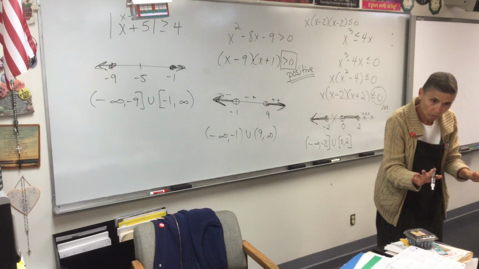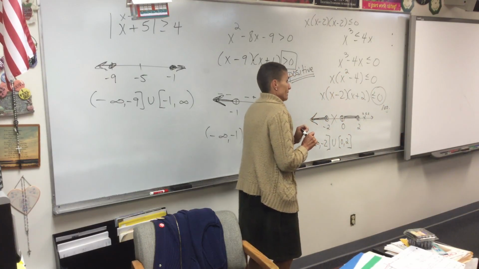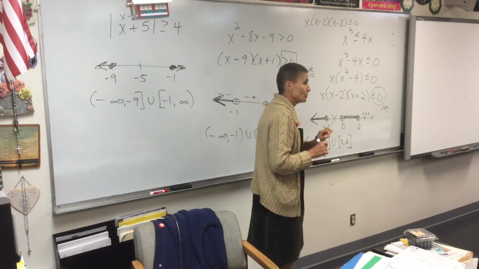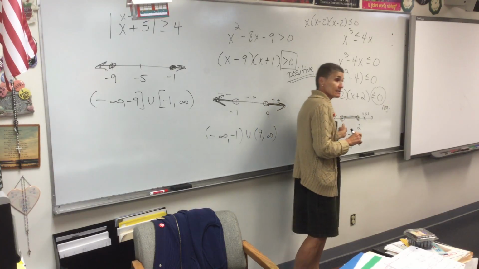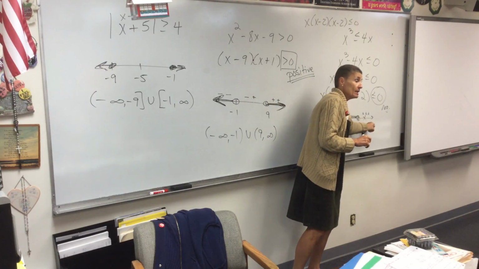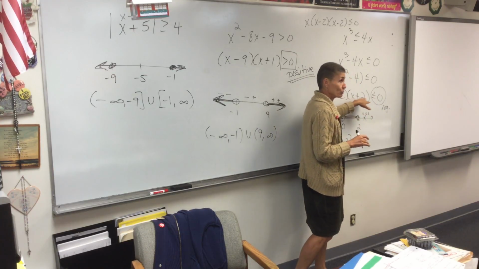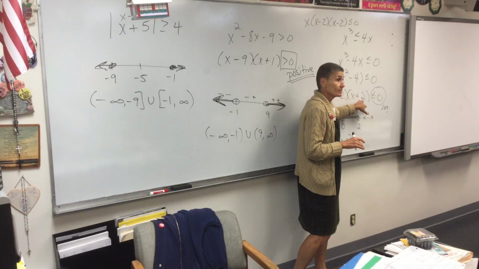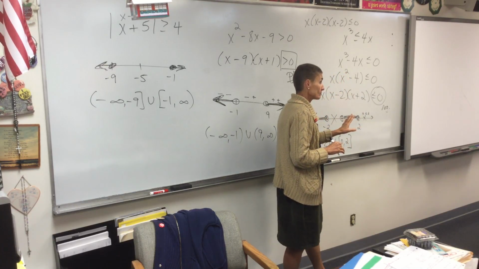That is unusual. If it's an unusual problem, you have to do what we have been doing, and that is check every single space. If it's not an unusual problem, if all of the factors are different, nothing weird going on, then they will always alternate.